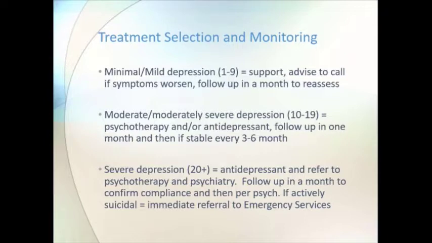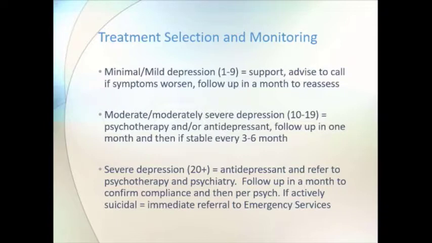For those people that are the moderate to moderately severe, options include psychotherapy or counseling and/or an antidepressant. In our practice, often they see the counselor first, and then she often will make recommendations. This patient seems like maybe you might want to consider an antidepressant if they're not already on one.